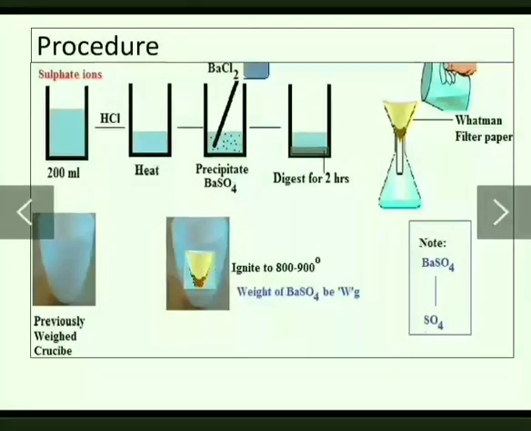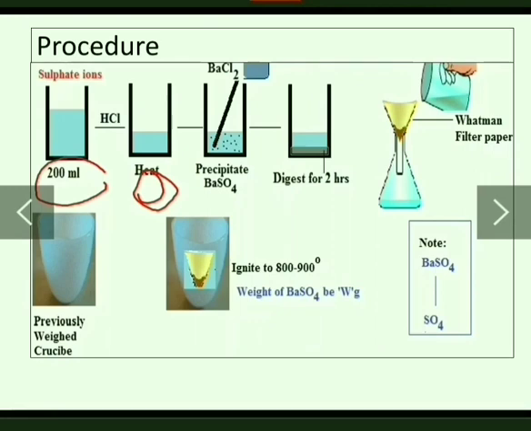Let's go to the procedure. We have to take a known amount of water sample which contains sulfate ions. Let me take 200 ml of water sample, then add HCl and heat it. You have to heat it until the volume of this water sample reduces to half.